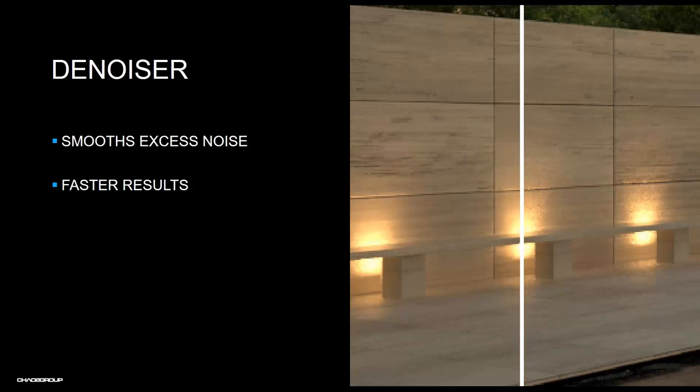So for the final render, you can use V-Ray production with, for example, the denoiser. The denoiser will increase the speed when you render. You can render with lower quality and denoise the image after the process.